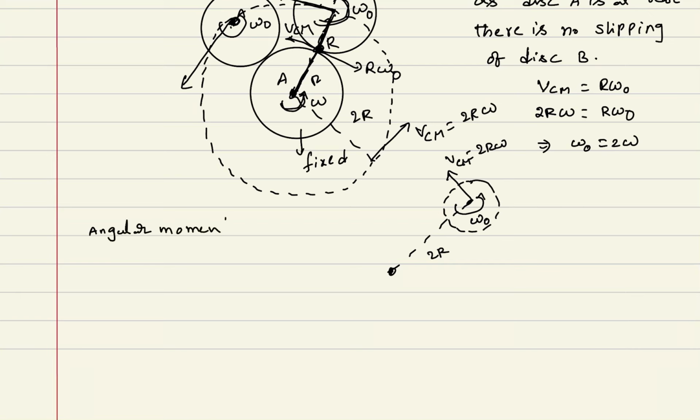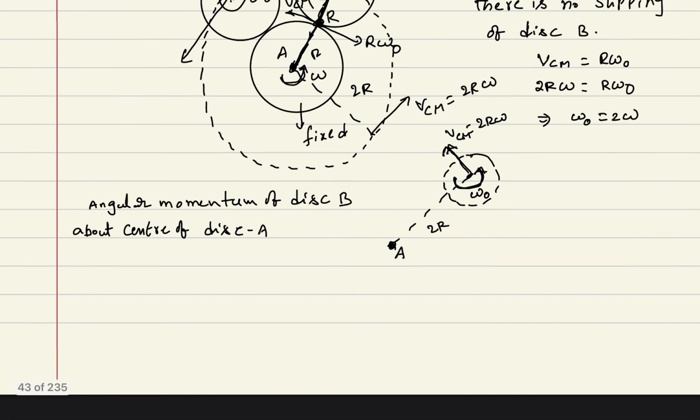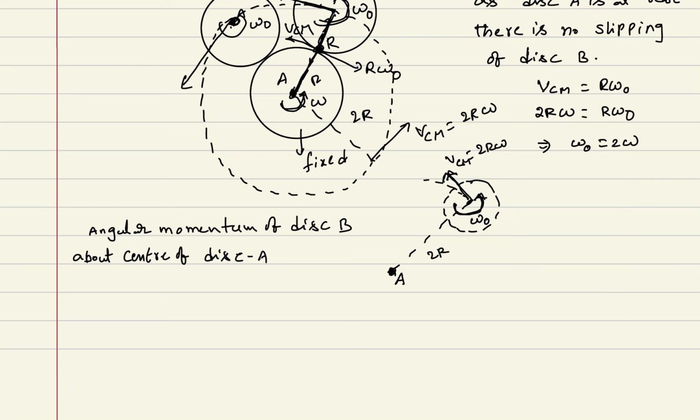Now we can write the angular momentum of disk B about the center of disk A. It is rotating as well as translating. It is revolving around A as well as rotating about its own axis.